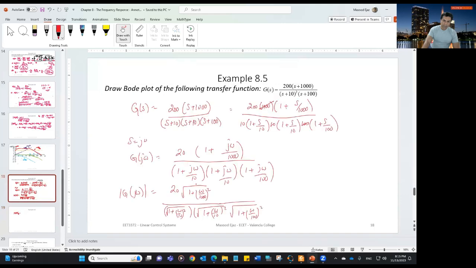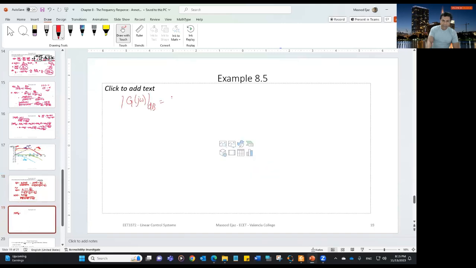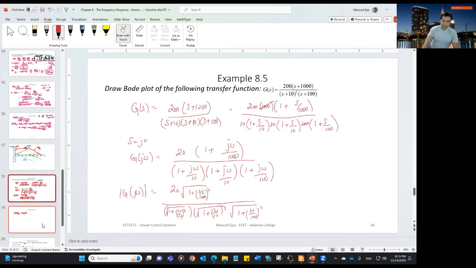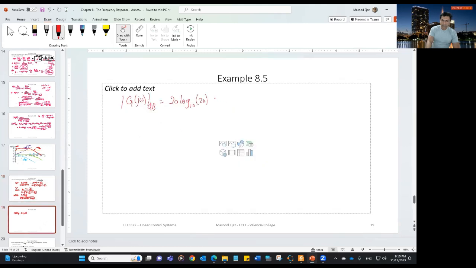So I'm just going to skip that, but I'm going to write 20 log 10 of 20, plus 20 log 10 of the square root of 1 plus omega over 1000 squared, minus 20 log 10 of the square root of 1 plus omega over 10 squared, minus 20 log 10 of the same thing.